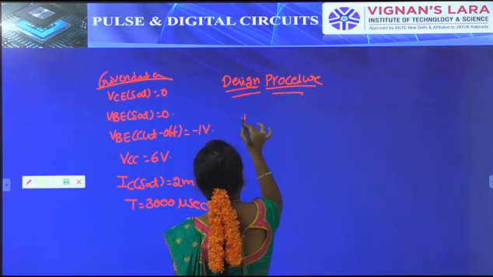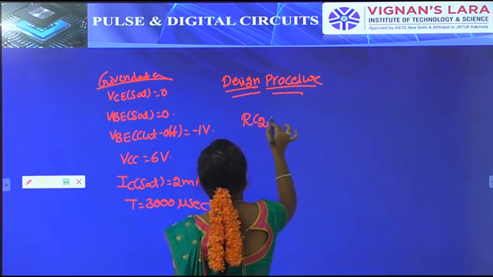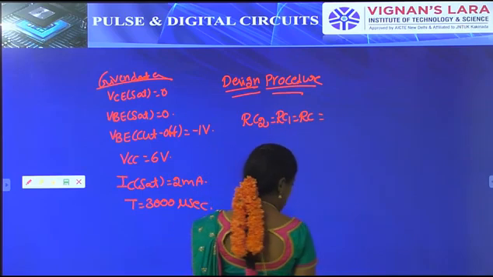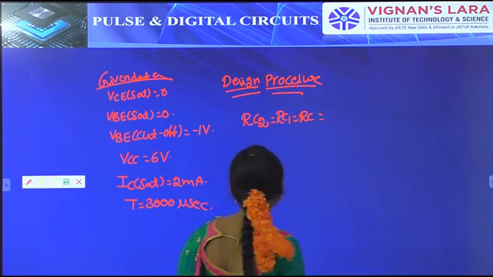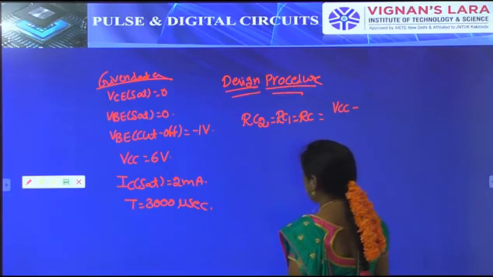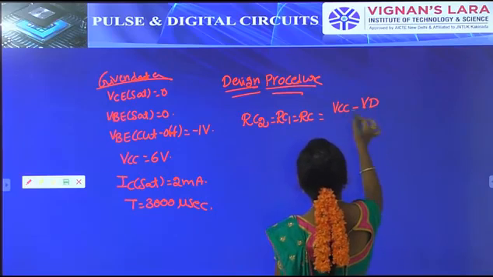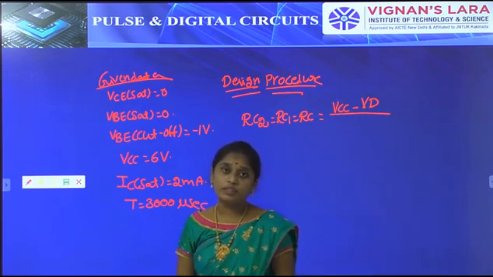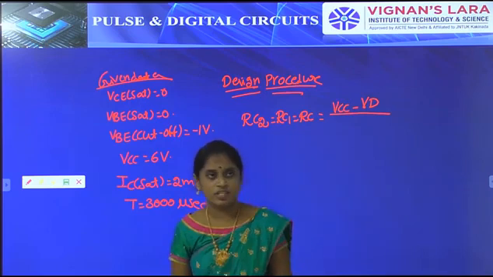First we have to find RC2, which is equal to RC1, that is RC. It starts at the position of VCC and ends at the position of VD. So RC2 is in between VCC minus VD, and the current flowing through it is IC saturation.